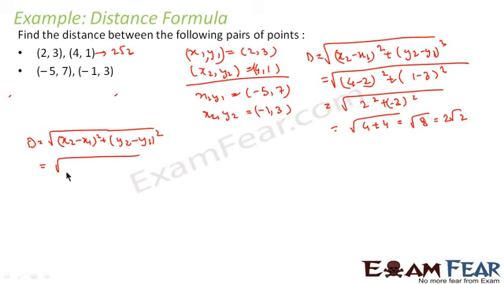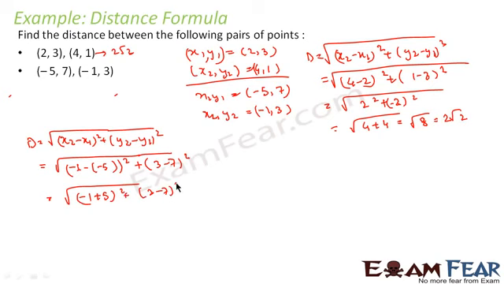And this is nothing but root over, what is the value of x2? x2 is minus 1 minus x1, which is minus 5, minus minus 5, this whole square, plus y2 minus y1, y2 is 3, y1 is 7, square. This is nothing but minus 1 plus 5 square plus 3 minus 7 square.